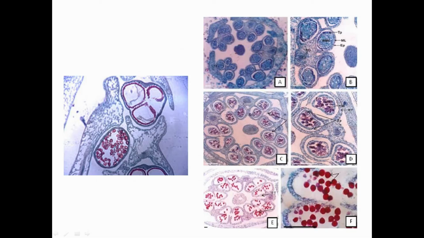So these are the different stages of microsporogenesis under the microscope. If you see the slide under the microscope, then you can observe different stages of microsporogenesis, that is the formation of pollen grain from pollen mother cell through meiosis.